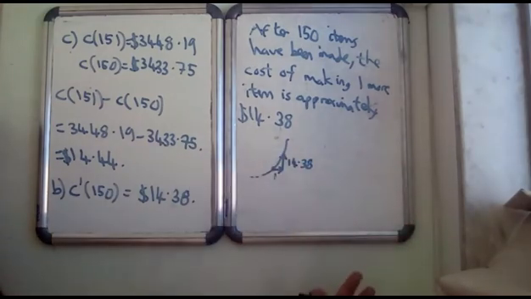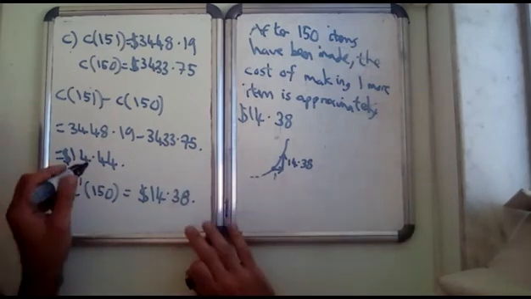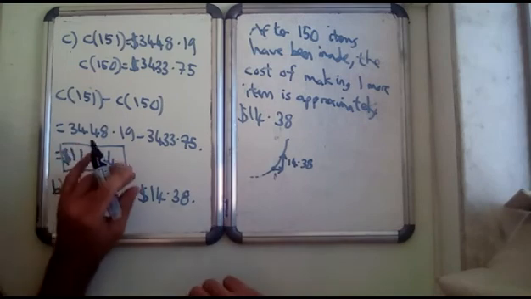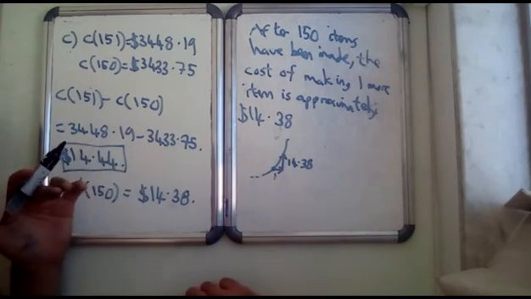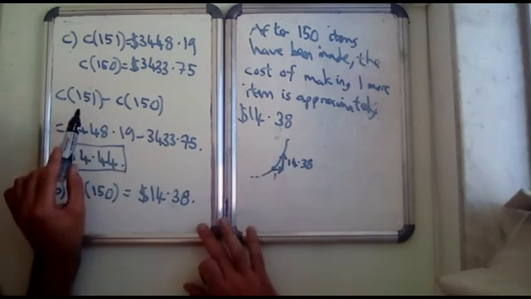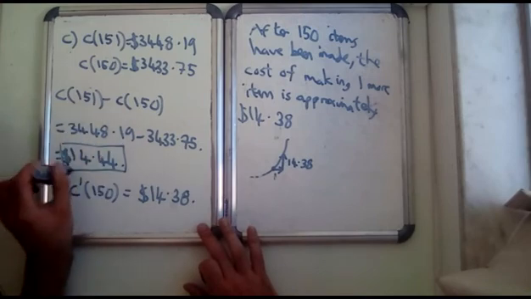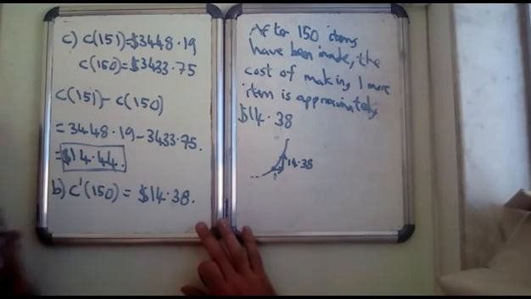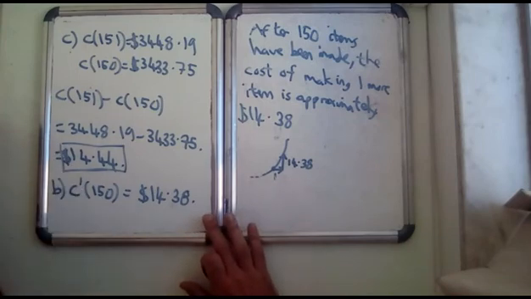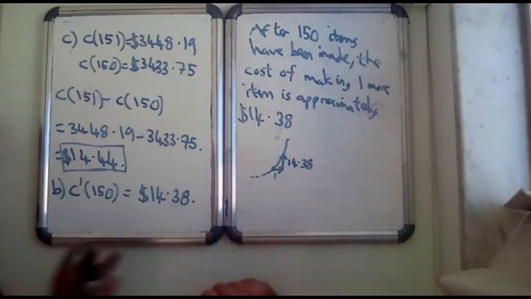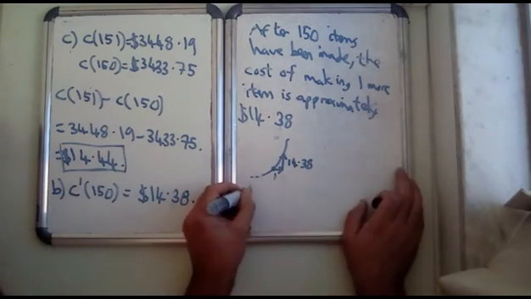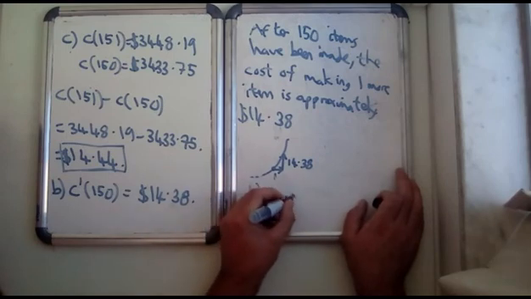Right? And then part C, we need to compare the answers. So we knew this number here, so the actual cost using the cost function, the cost of the 151st item was 14.44, which is actually pretty close. So B gives a good estimate.